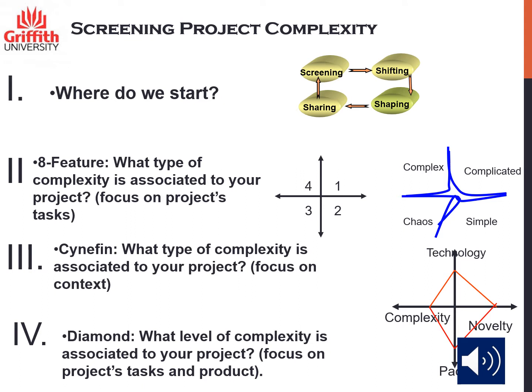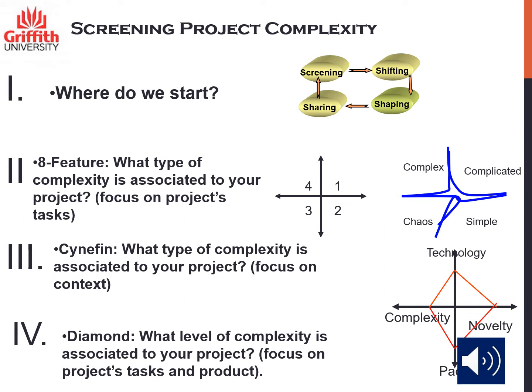A quick reminder of where we are. We are within the screening dimension of the 4S model. We have seen previously the 8-feature model that focuses on organizational and management aspects of the project. The kinetic model, on the other hand, focuses on the project and its context.